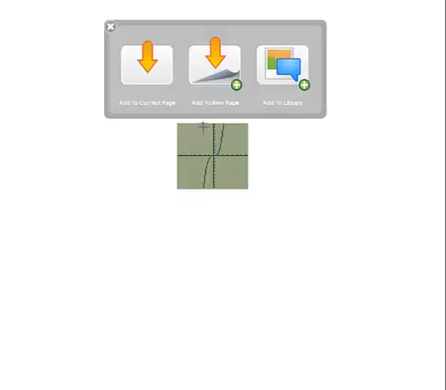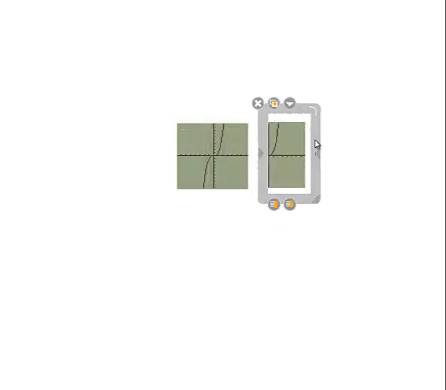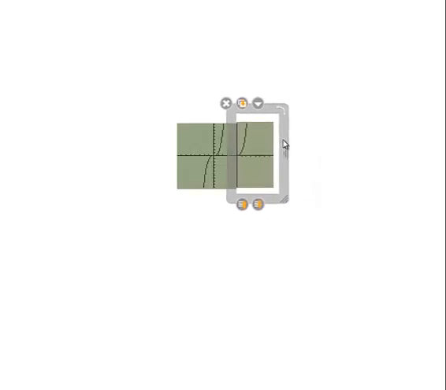So here's our x to the third. I am going to cut again the left half, move it off to the side, rotate it 180 degrees, and you can see that the two halves are identical. This is an odd function.